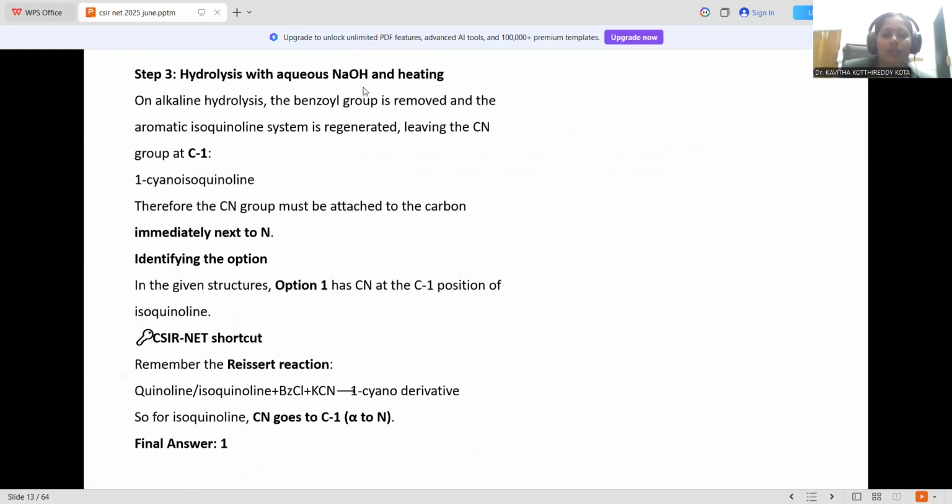Later on, if aqueous sodium hydroxide is added, the benzoyl group gets removed, and we finally get 1-cyano isoquinoline as the final product.